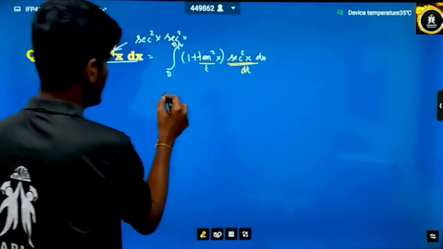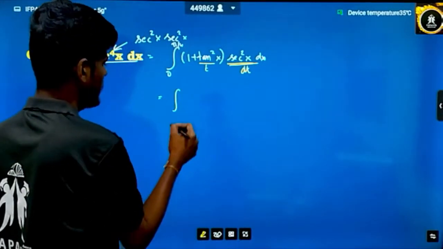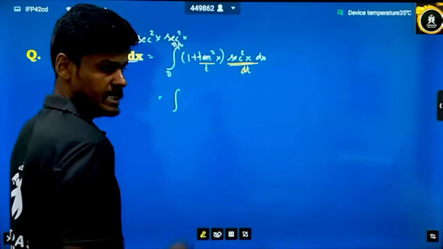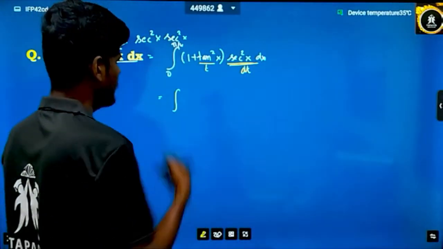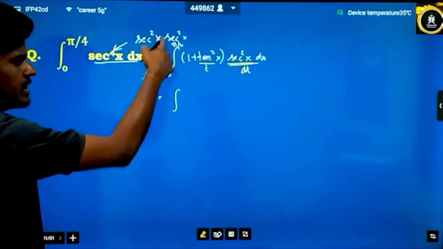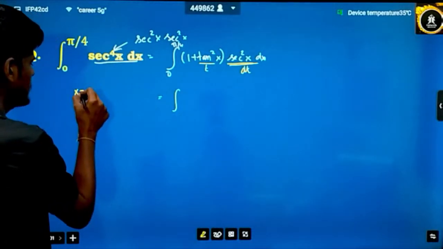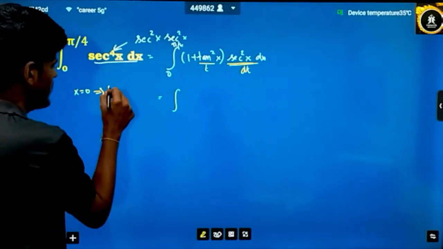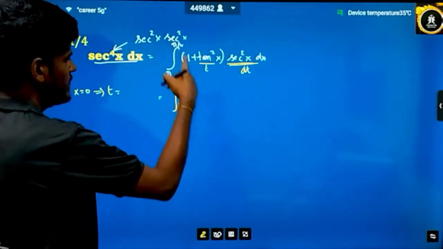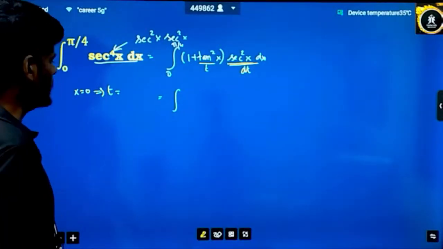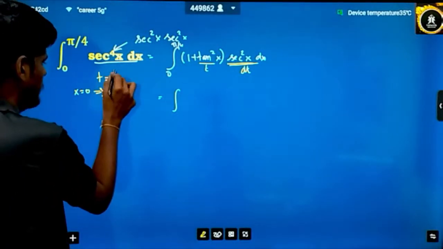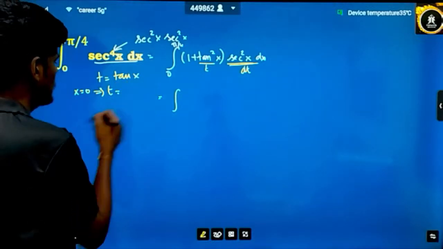Before changing the variable, we have to change the limits also. When x is equal to 0, what is the value of t? We are substituting t equal to tan x. Remember always, t equal to tan x.